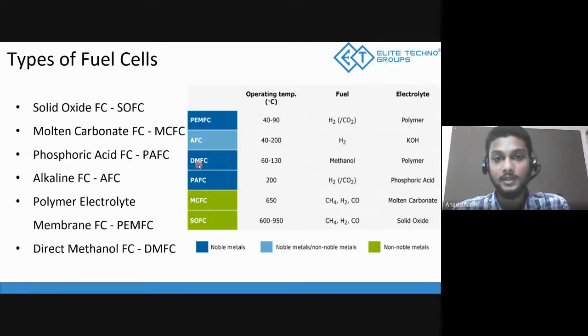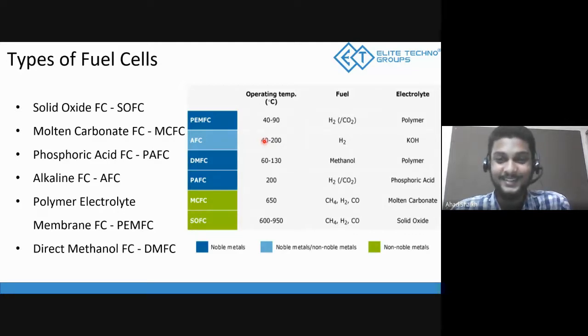The DMFC, direct methanol fuel cell, also has to be run at an elevated temperature, which is 60 degrees Celsius, quite above our environmental condition, so we would need a specific thermal management system to maintain this range of temperature. But 40 degrees Celsius seems somewhat achievable.